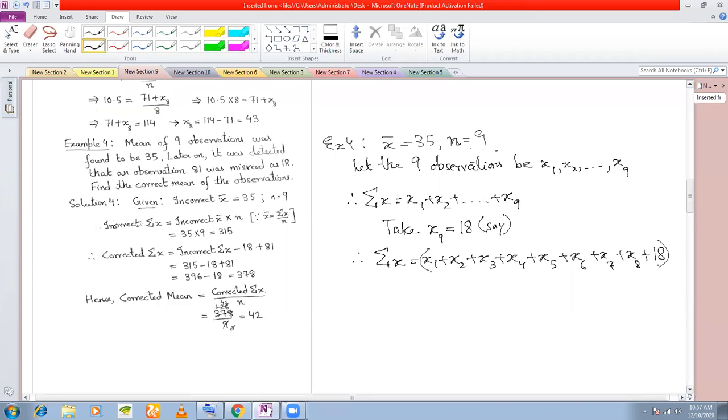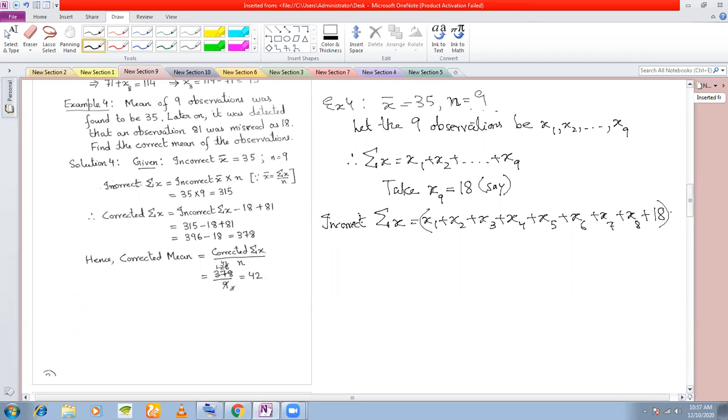But this is the incorrect summation x. We need to correct this. And how do we correct this? Because 18 we had taken. Now this is the incorrect sum.